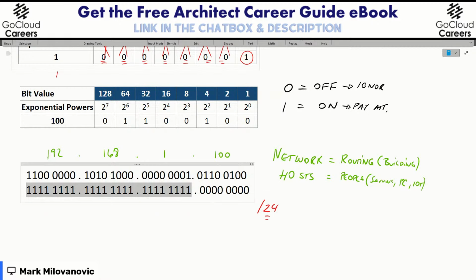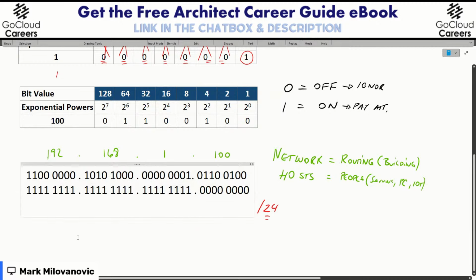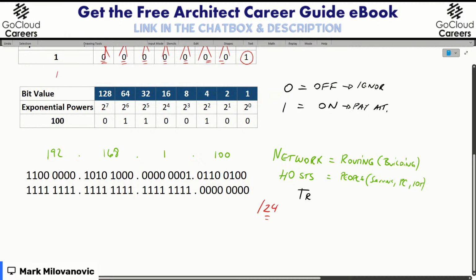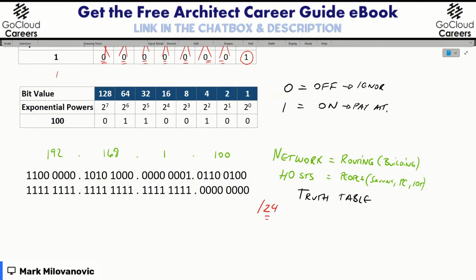So the way this was done is, again, you go with 1. What does 1 tell us? Don't ignore it. They came up with this idea called a Boolean AND, or I like to call it the truth table. The way this looked was very simple.